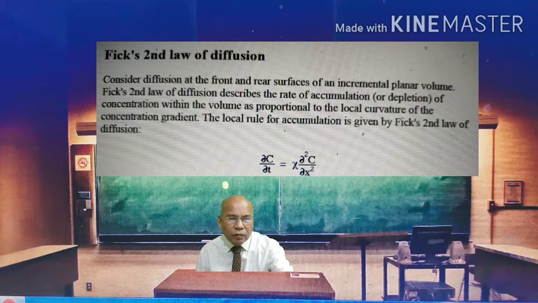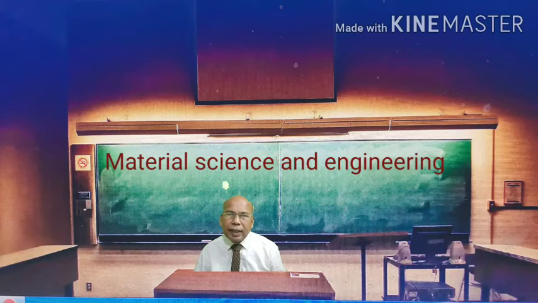Similarly, dou f by dou t is also equal to C into dou square f by dou x square. If we substitute the value of dou c by dou x in that place, you can get this expression. So diffusion depends upon time and upon the thickness of the wall. This diffusion results in a decrease of concentration and a corresponding decrease of pressure. These are the important things in diffusion.